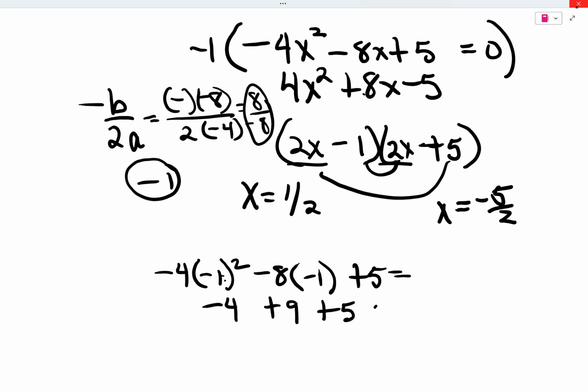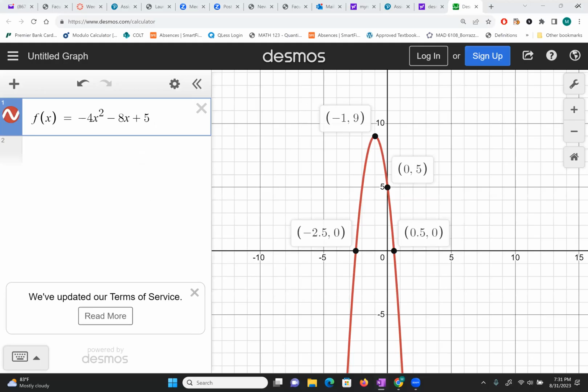We should get 9 for a total answer. And if you go back to Desmos, you can see the value here. Boom. That's your axis.